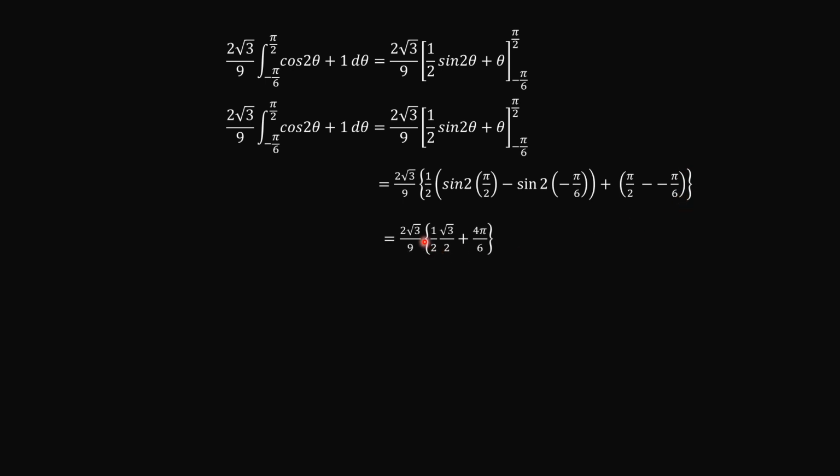So this becomes 2 root 3 over 9, a half of root 3 over 2 plus 2 pi over 3, which can be simplified further as 2 times root 3 over 9 times root 3 over 4 plus 4 pi over 6, which simplifies to a sixth plus 4 times root 3 times pi over 9 times 3.